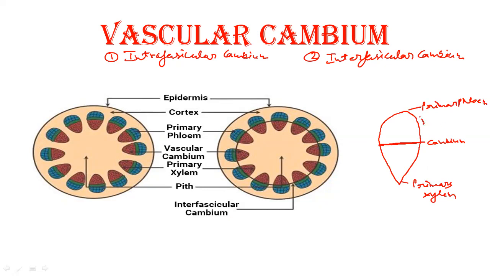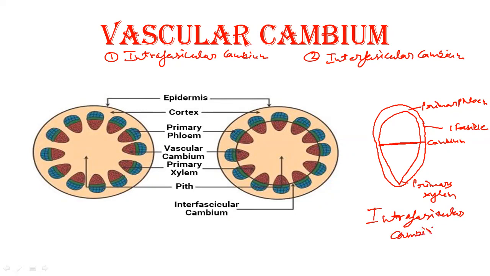This all together is called one fascicle. One fascicle means one bundle. So this cambium, which is present within the bundle, between xylem and phloem, is called intrafascicular cambium. Done?